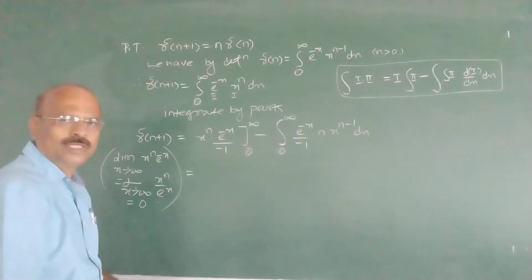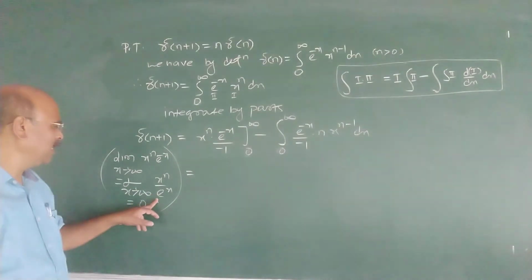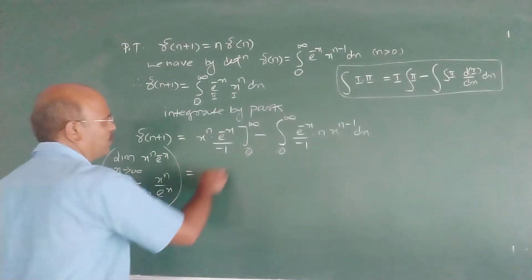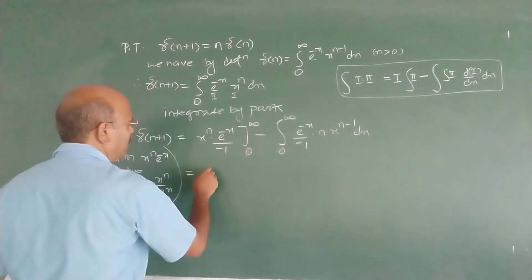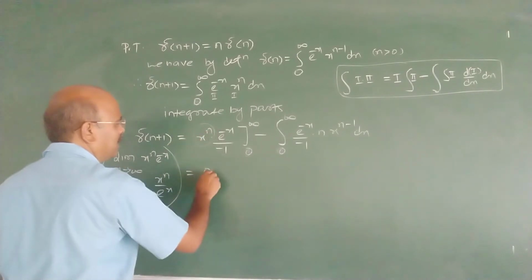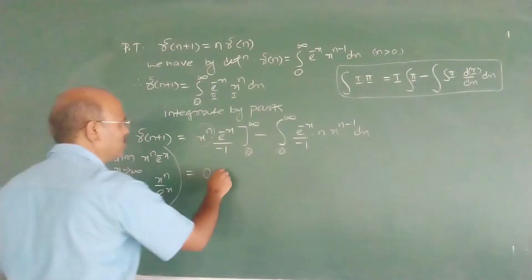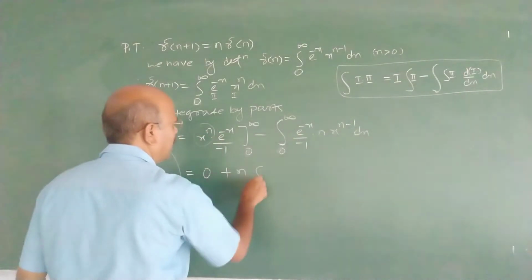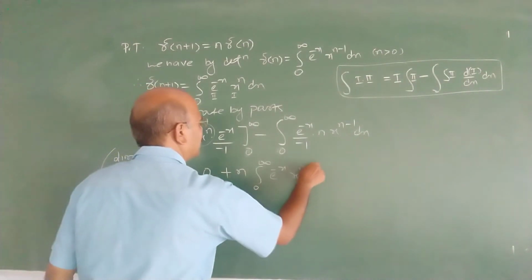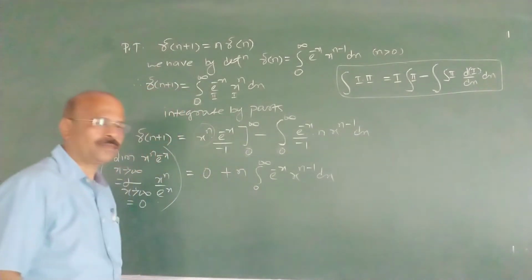As x tends to infinity, x raised to n by e raised to x becomes 0. So if you take the limit at infinity, it is 0, and when x is 0, it is also 0. Totally, this becomes 0, plus n times the integral 0 to infinity of e raised to minus x, x raised to n minus 1 dx.